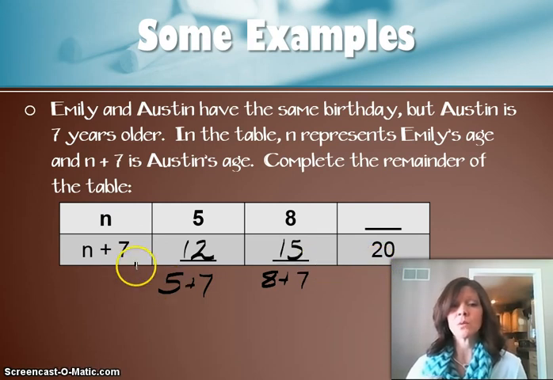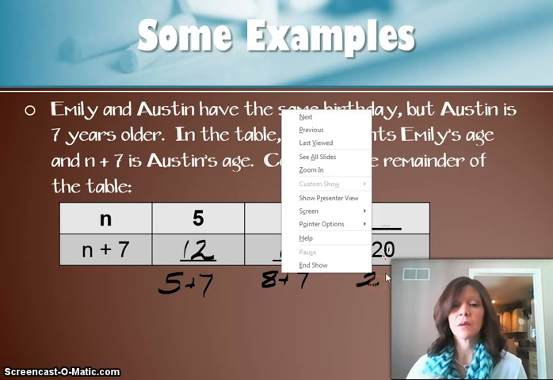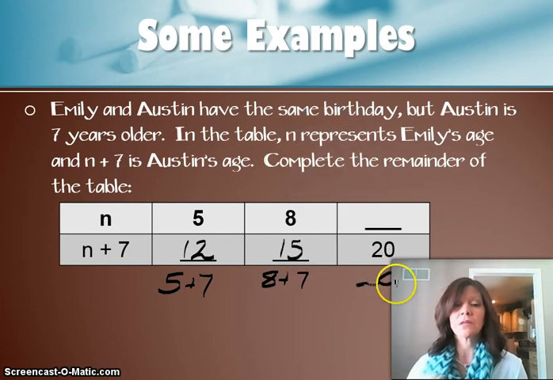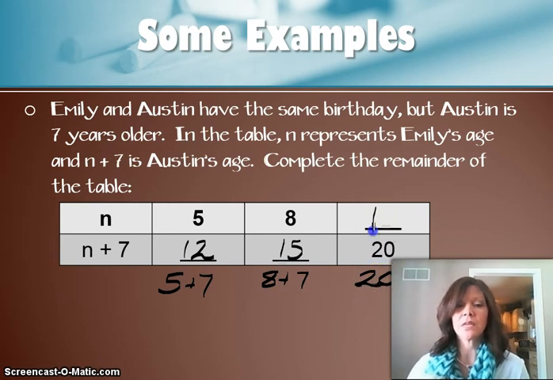Opposite is to subtract. Well, now we know Austin's age is 20, but we need to figure out Emily's age. So, how many years older is he? He is 7 years older. So in order to figure this out, we have to subtract the 7 years before we can figure out how old Emily is. So now it's 20 minus the 7, which is the age difference, and 20 minus 7 is 13.